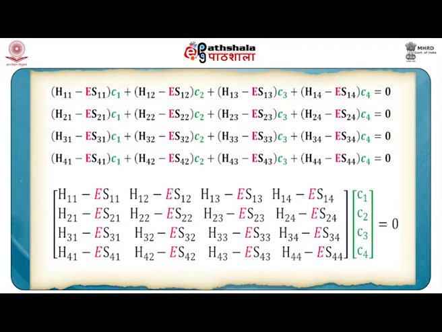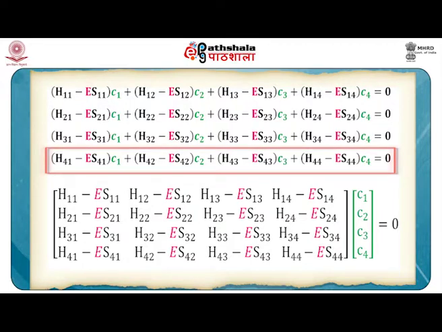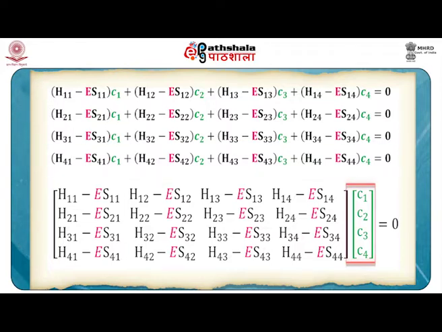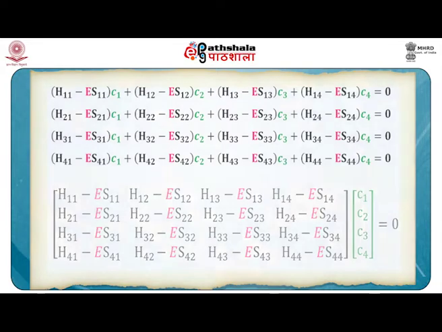And the last row is H41 minus ES41, and the last term is H44 minus ES44. Then we have a column determinant C1, C2, C3, C4, and this is equal to 0. If you expand these equations, you will ultimately get 4 equations.